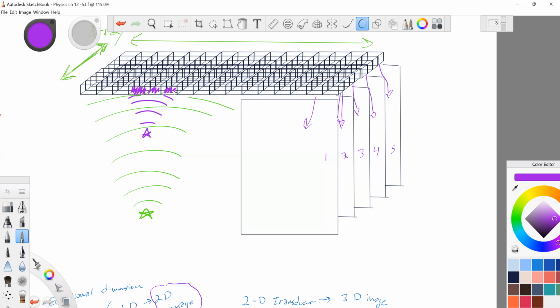You'd only expect those elements to hear an echo from that depth, because the echo is spreading out, but it's not spreading out that much. There's a certain amount of spread that you can expect.